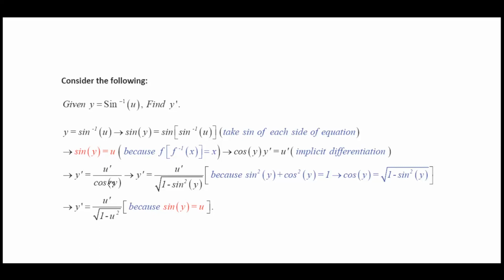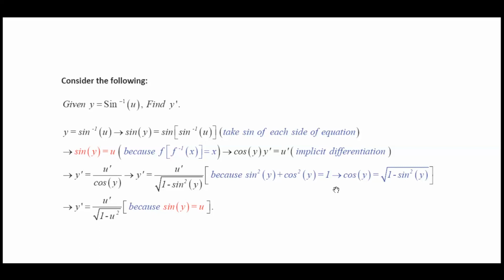So we state that. And now we are going to use the fact that this, again from trigonometry, is an identity that you probably are very familiar with, and that is that sine squared plus cosine squared is 1. We're going to take this and rearrange it and solve for the cosine of y.